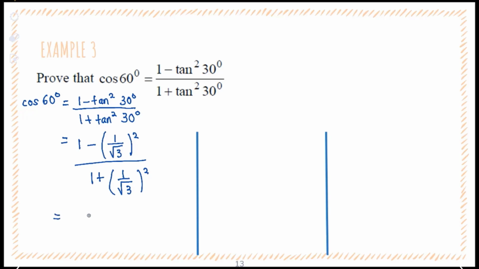Now, second step. So what is 1 over square root 3 squared? It's going to be 1 over 3. So 1 minus 1 over 3, divided by 1 plus 1 over 3. We know 1 minus 1 over 3 is 2 over 3 and 1 plus 1 over 3 is 4 over 3. So 2 over 3 divided by 4 over 3 will give us 1 over 2.